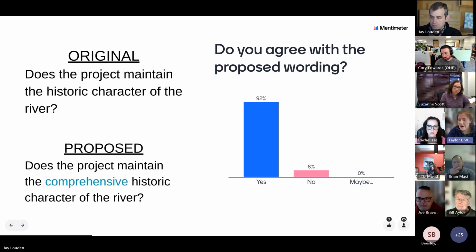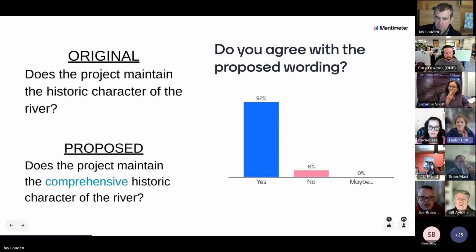Yes. I think from the neighborhood perspective, the reason comprehensive is important is because there was a desire not to privilege one period of history or a historical feature over others, and make sure that the whole history of the community is considered.